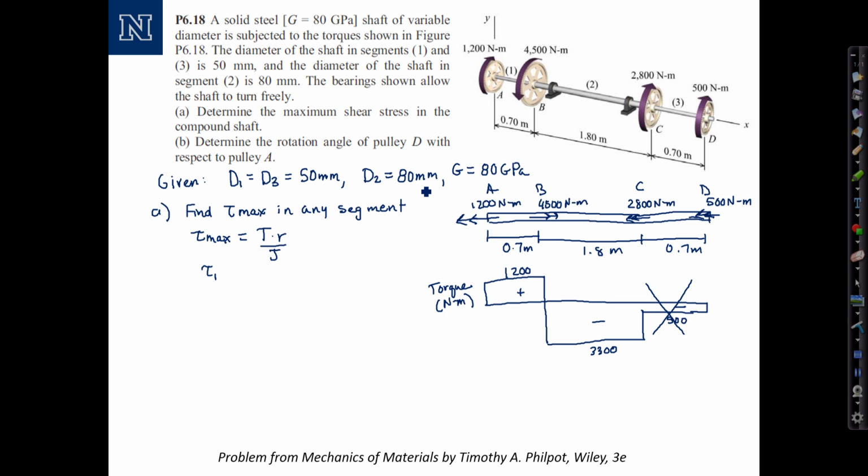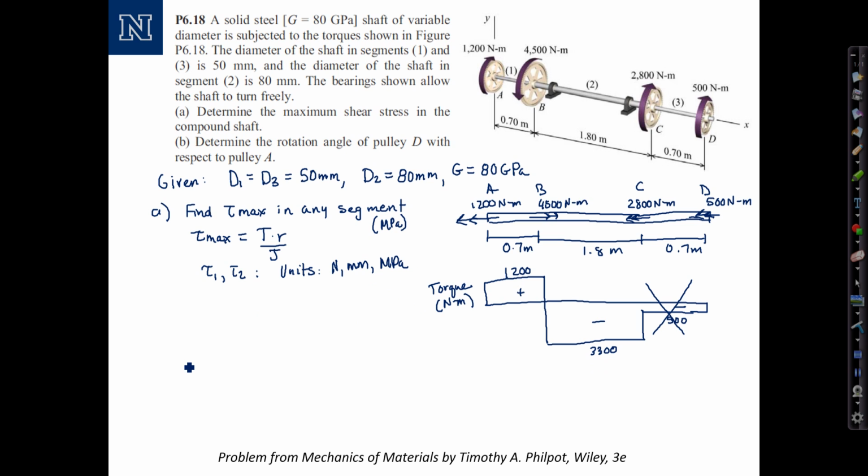The diameter is also larger than segment 1, but I can't tell which one is going to control, so I'll evaluate both of them, tau 1 and tau 2. We want to solve for our stress in megapascals. Should have indicated that up here. So our working units are going to be newtons, millimeters, and megapascals for stress.